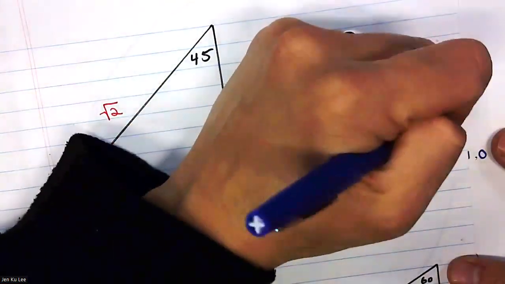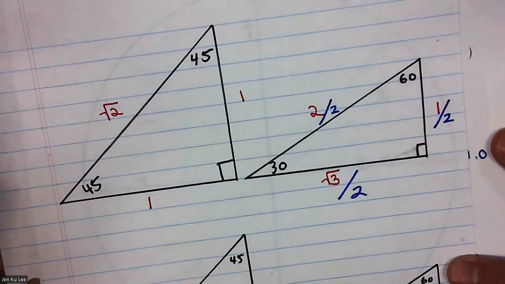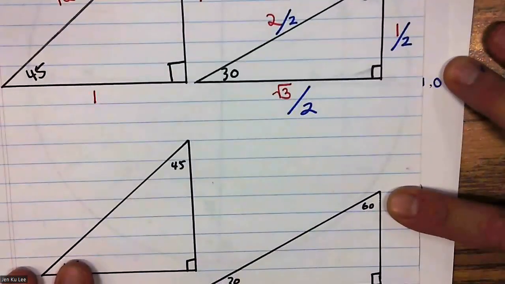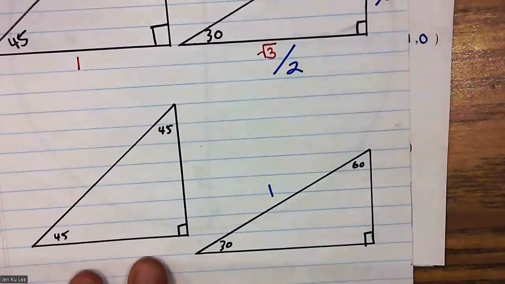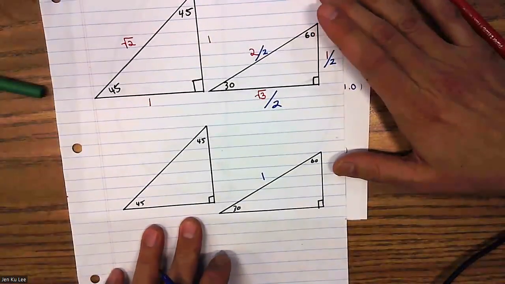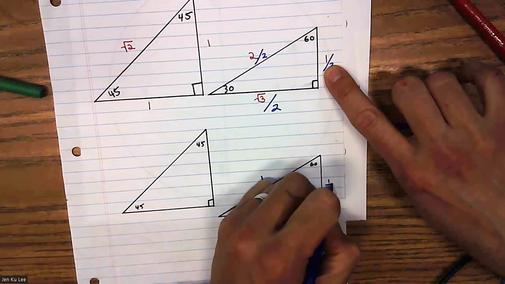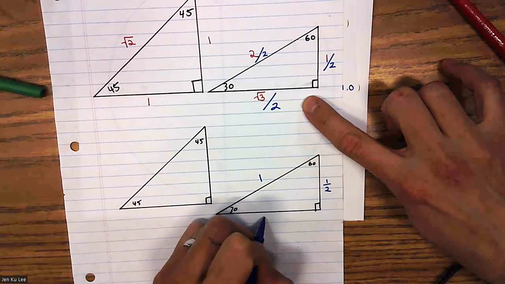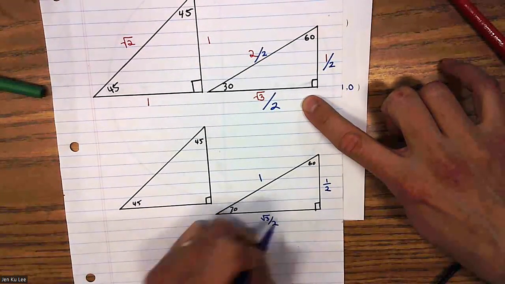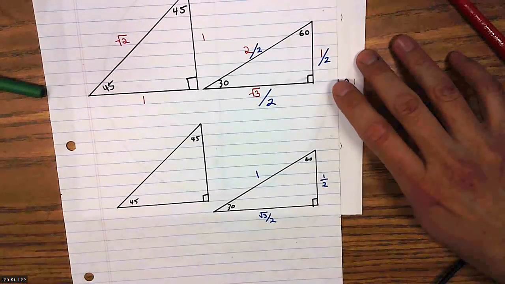Divide this side by 2, divide this side by 2. So now I have my radius equal to 1, and this side is 1/2, and this side here is square root of 3 over 2. Understand?